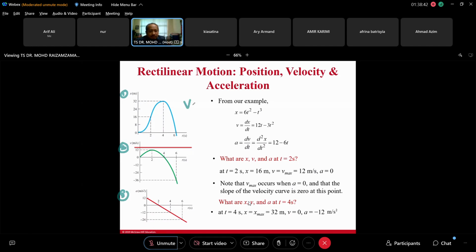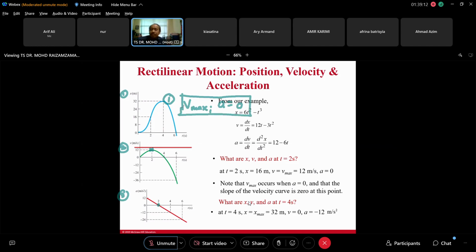When velocity is maximum, what happens to the value of A? Let's say 12 is the maximum value of velocity. Can you imagine what happens to A? Zero. A is 0. So class, this is your first conclusion that you need to know.